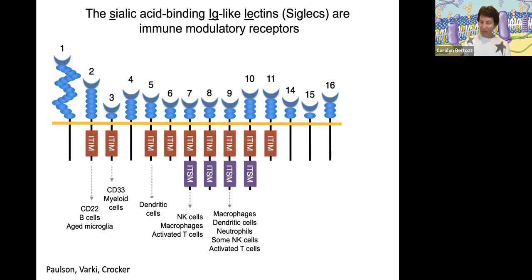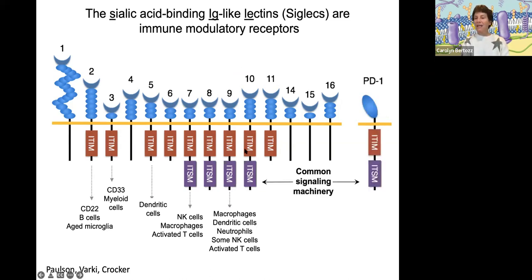What's interesting from the standpoint of their potential role in immune modulation in cancer is that inside the cell, in their cytosolic domains, many members of the SIGLEC family have those amino acid motifs, the so-called ITIM and ITSM domain motifs, that map precisely onto the signaling domains of the T-cell checkpoint receptor PD-1.